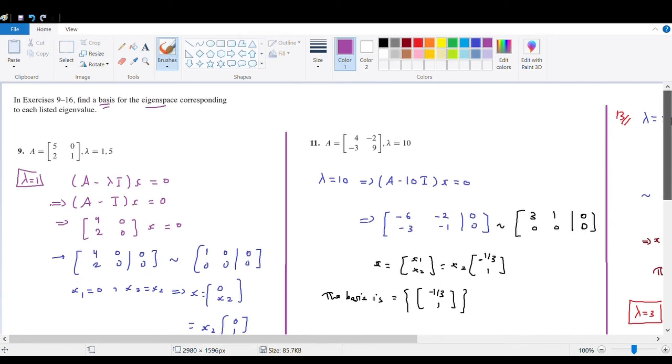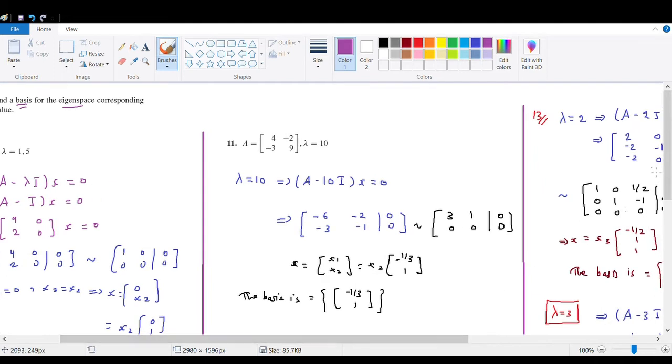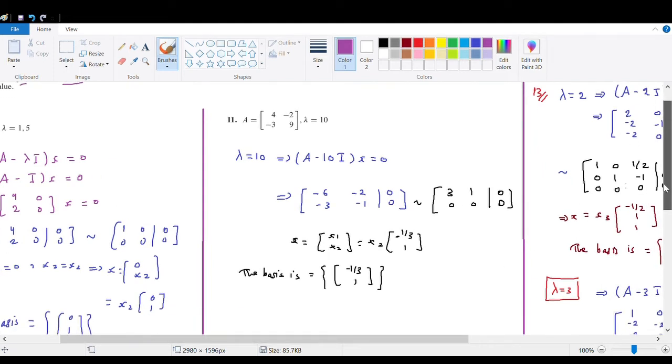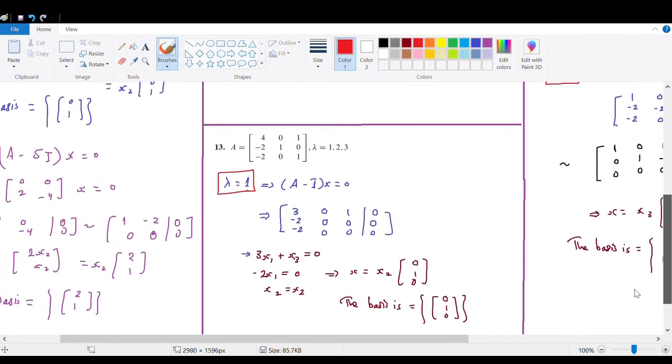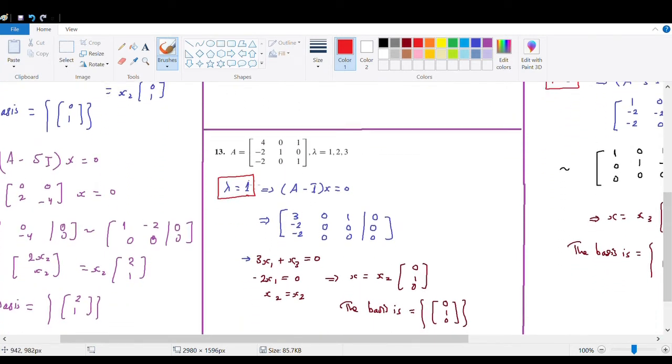And then for 11, 13, and 15, all of them we do in the same way. Here we have a matrix A, we have lambda equal to 10. So we first need to find A minus 10I multiplied by x. After finding the matrix, we do a row operation and find the solution. Similarly, for 13, we have lambda equal to 1, lambda equal to 2, lambda equal to 3.